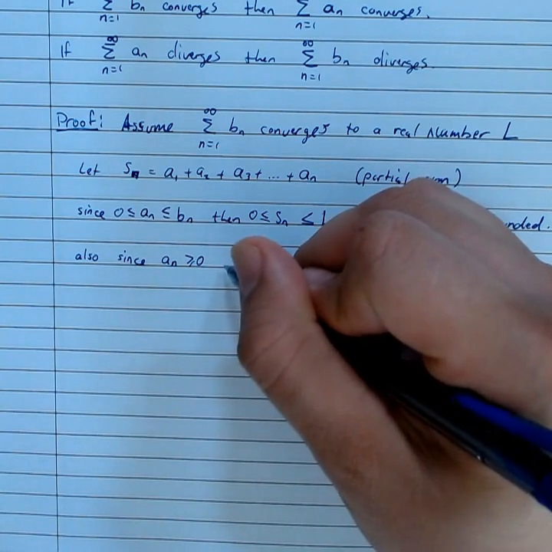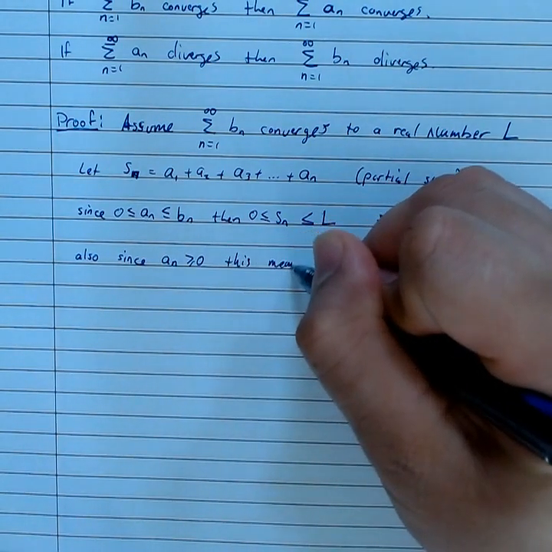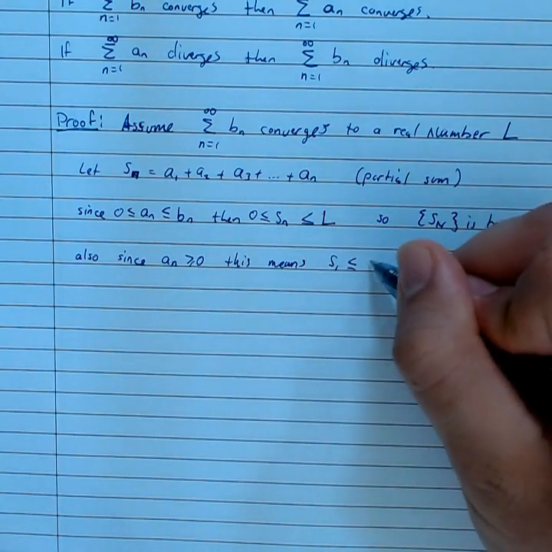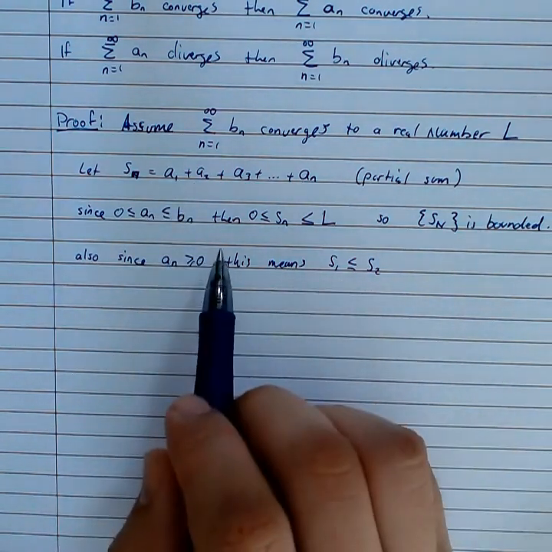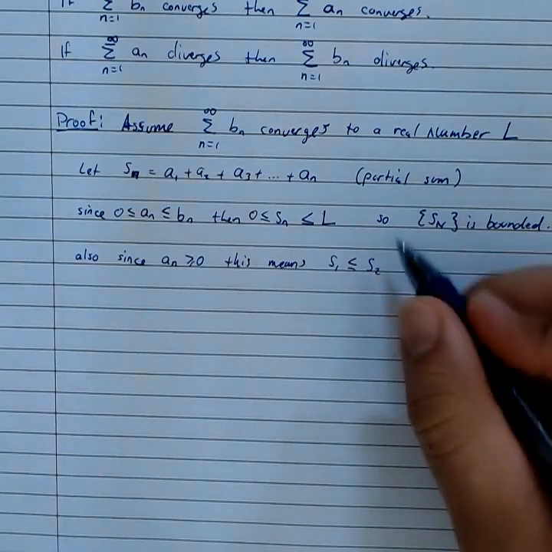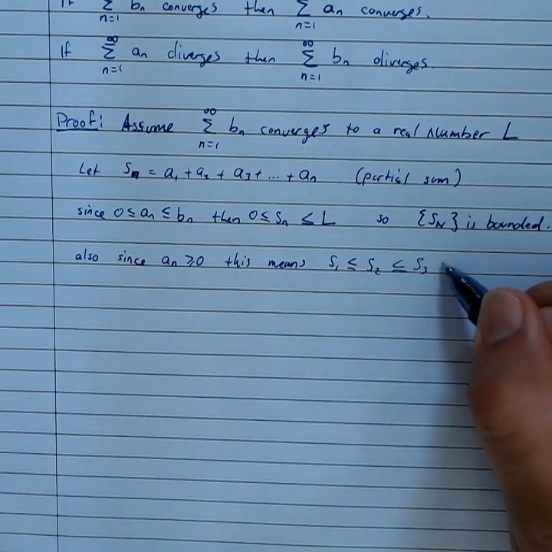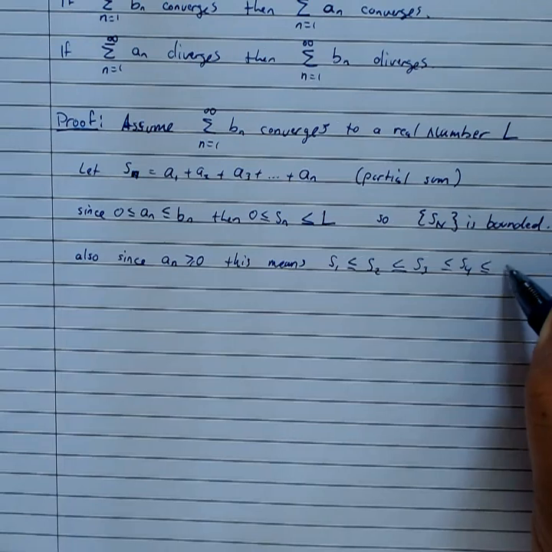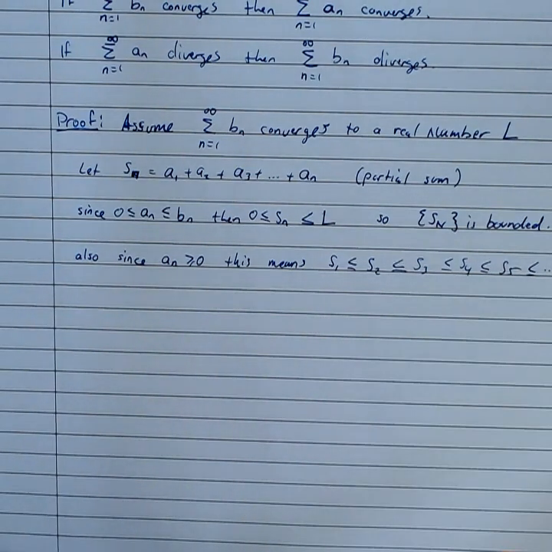So also, since a sub n is greater than or equal to 0, this means that if you start with S1, that's going to be less than or equal to S2. Because once you add the second term, it's either going to stay the same, because it was 0, or it grew because it was something more than 0. But then if you add another term, s sub 3 will be bigger than or equal to s sub 2, and s sub 4 will be bigger than or equal to those, and s sub 5 will be bigger than or equal to those, and so forth. So here this is monotonic.